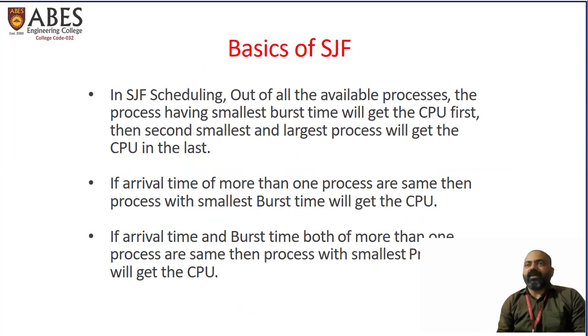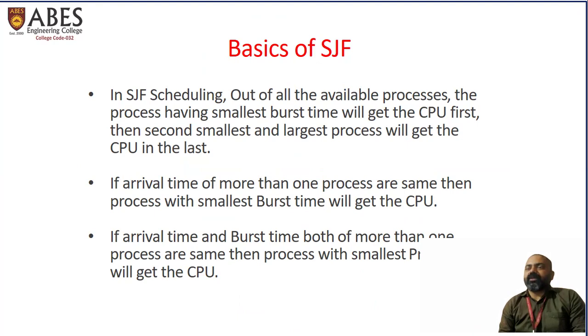The basic idea of SJF: in SJF CPU scheduling, out of all the available processes, the process having the smallest burst time will get the CPU first, then the second smallest, and the largest process will get the CPU last.